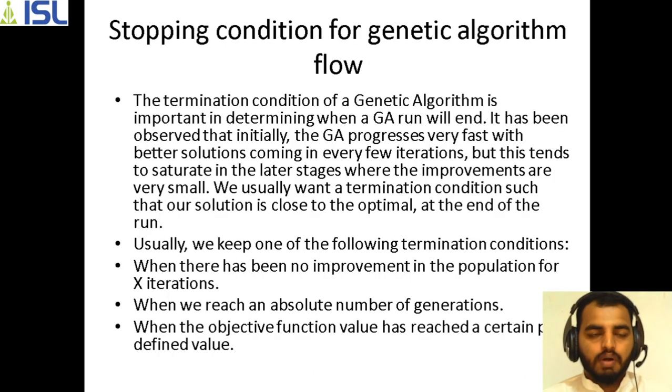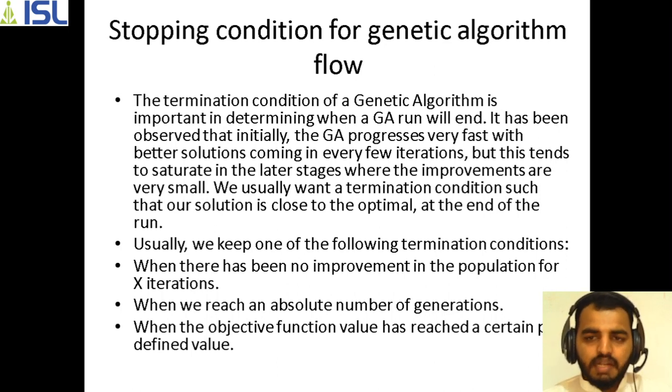Okay. Now, what do you mean by the stopping condition for genetic algorithm flow? The termination condition of a genetic algorithm is important in determining when a genetic algorithm will end.